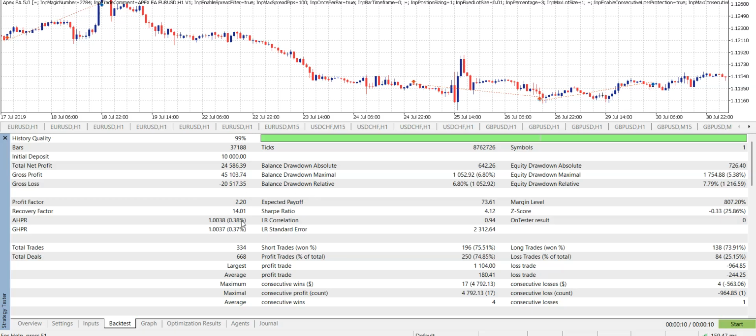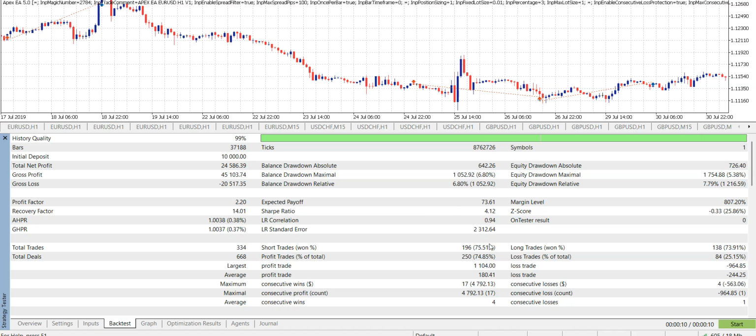Some more realistic numbers, for $10,000. So we have around 250% profit, and just around 7% drawdown. We have a 2.2 profit factor.